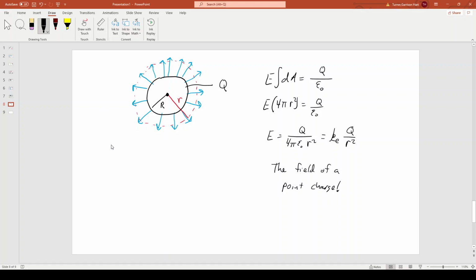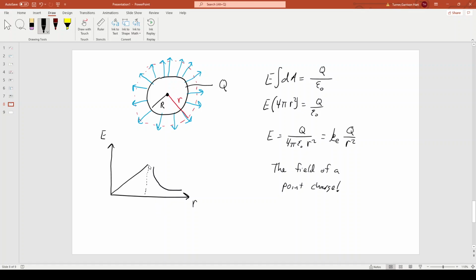So outside the sphere, okay, well, inside the sphere, if this is R and this is E, as a function of R, E grows linearly inside, then it hits the sphere, and outside it dies off as 1 over R squared.